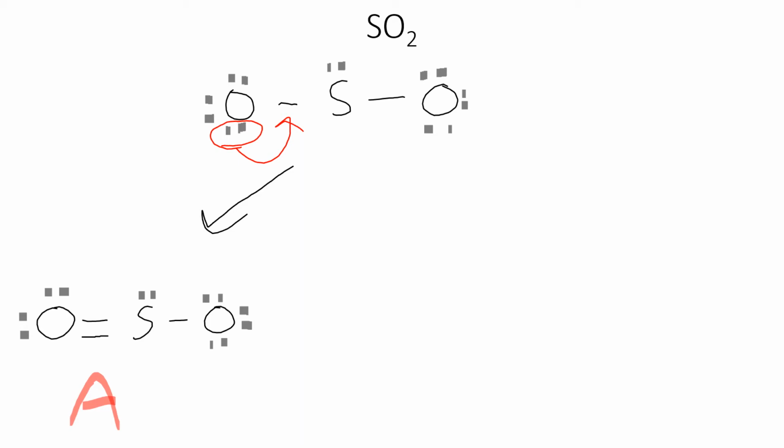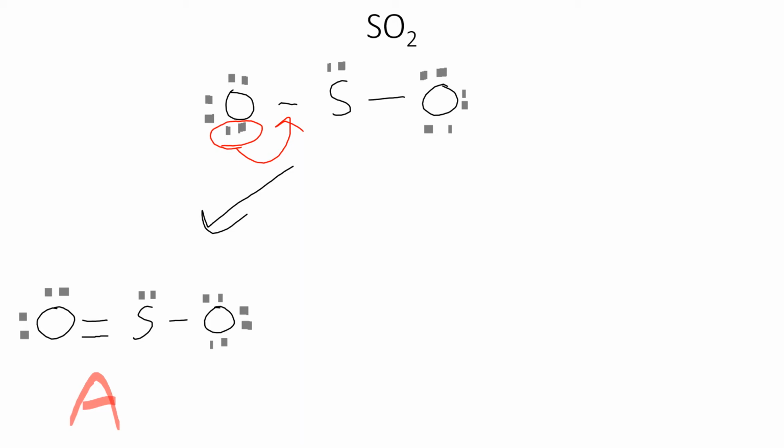When you look at that structure labeled A, you see that one oxygen has a double bond to sulfur, and one has a single bond to sulfur. Now bond lengths are different between a double bond and a single bond. So what structure A is really saying is that the oxygens are fundamentally different in this molecule. One's closer to the sulfur than the other.